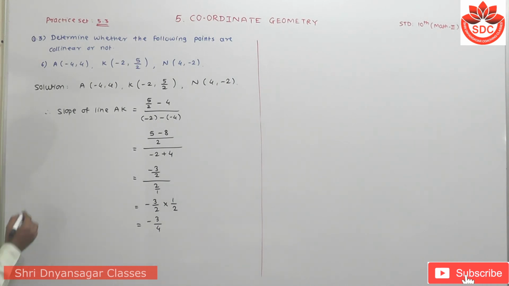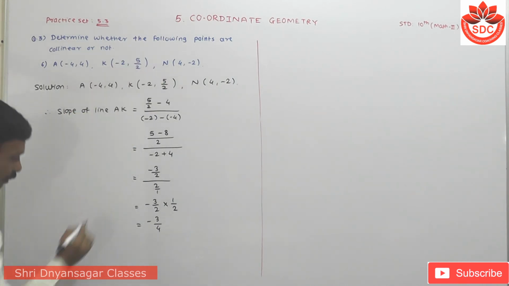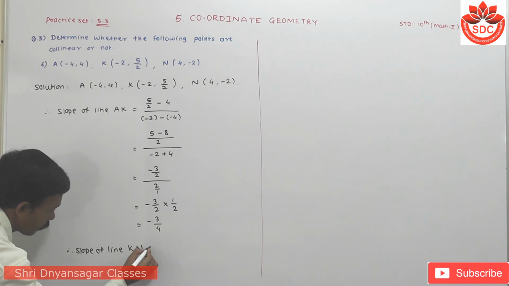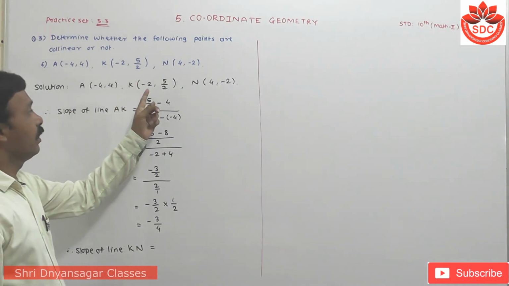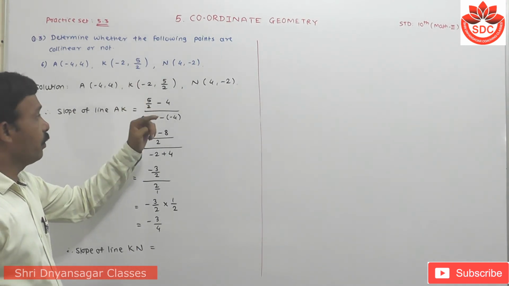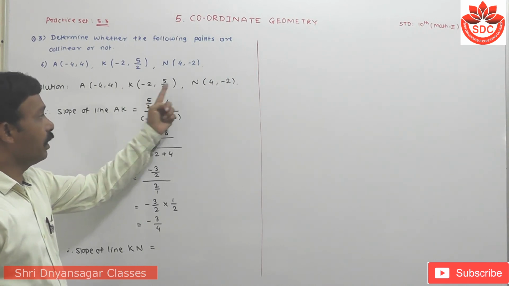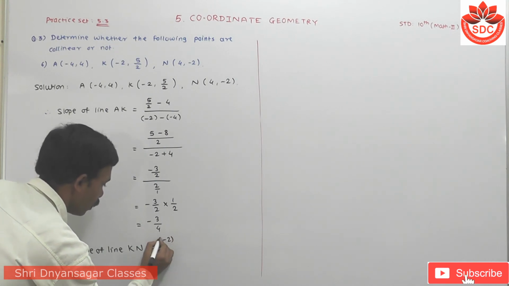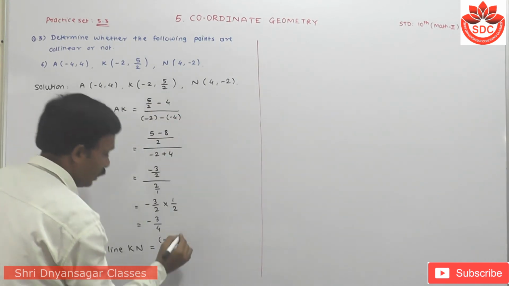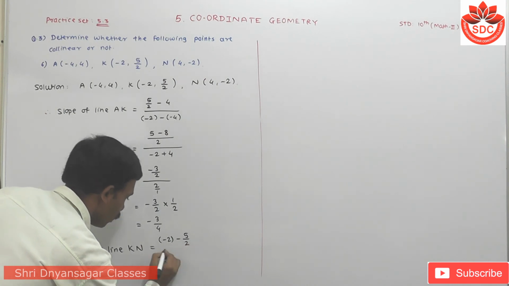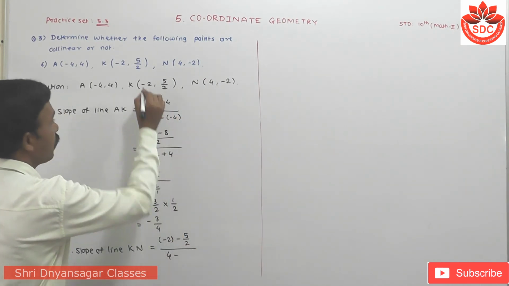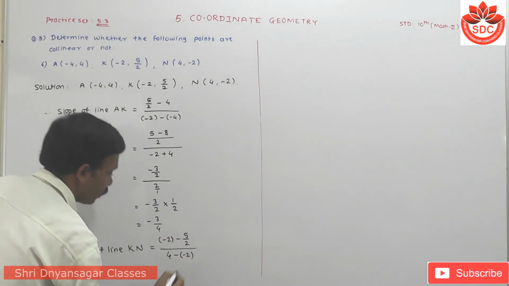Then we have to find out the slope of the next line KN. Again use the formula y2 minus y1 upon x2 minus x1. This one is x1 y1, this is x2 y2. Then y2 is -2 minus y1 is 5 upon 2, upon x2 is 4 minus x1 is -2.